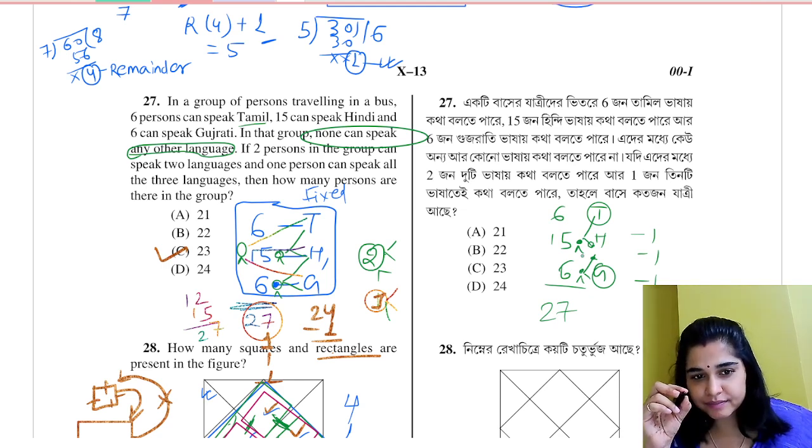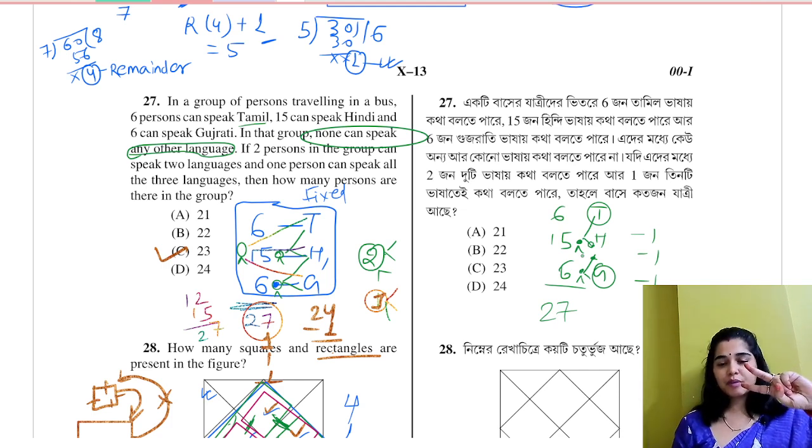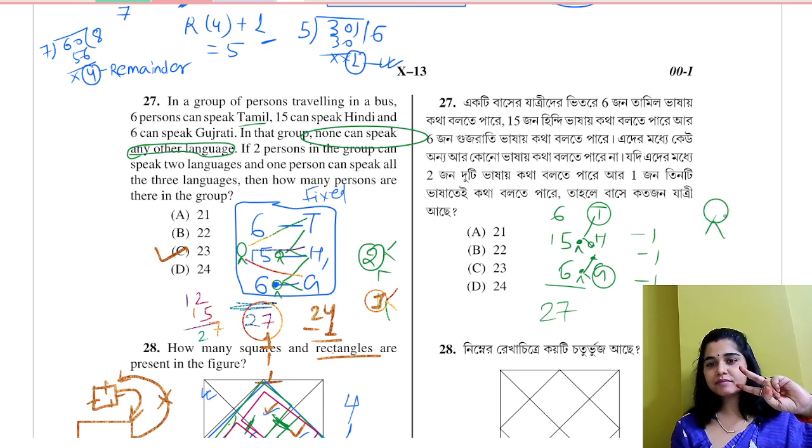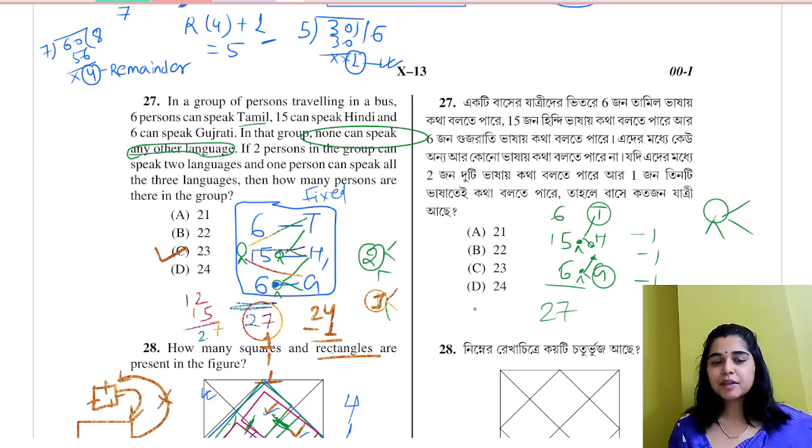It means we have considered extra. We have considered two languages. Simply we can see that one person is saying two languages. It means we will consider them two times. We consider them two times, yes or no? Yes, we consider them two times.